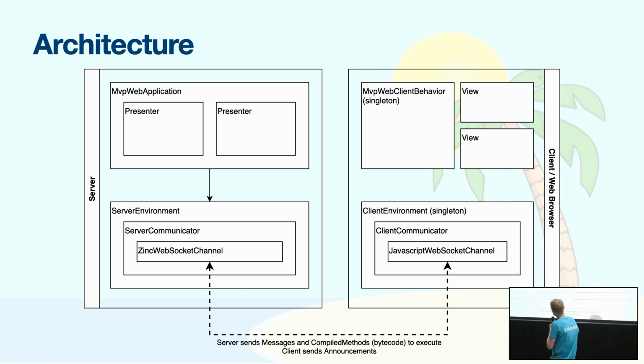And on the server side, in this case, I'm using the MVP. You don't have to create the model view presenter variant. You can use a regular application as well, which is kind of your session on the server side. And in case of the MVP variant, it keeps track of the presenters, and the presenters know the models. So that's the way things are hooked up. And again, the only thing that's being communicated between the two is either sending compiled code to the client image, or announcements back from the browser to your server image.